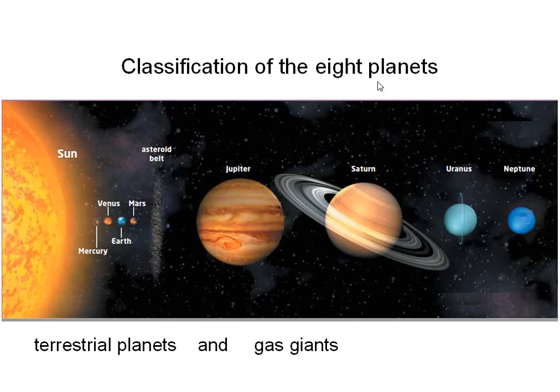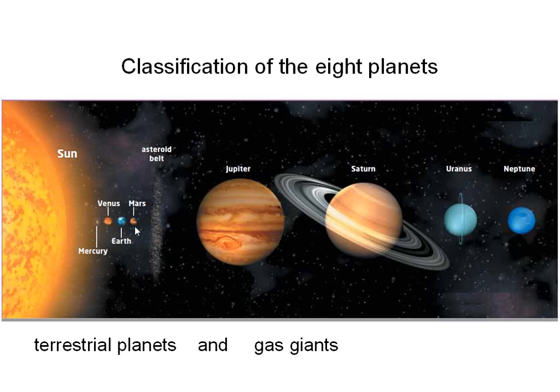So let's move on to study the classification of the 8 planets. The 8 planets can be classified into 2 classes, the terrestrial planets and the gas giants. Who are the terrestrial planets? These 4, the inner planets. Why do I call them the inner planets? Because they are within the circle of the asteroid belt.